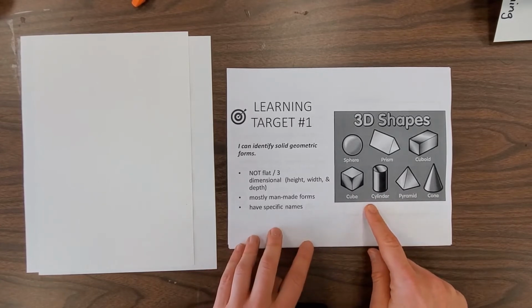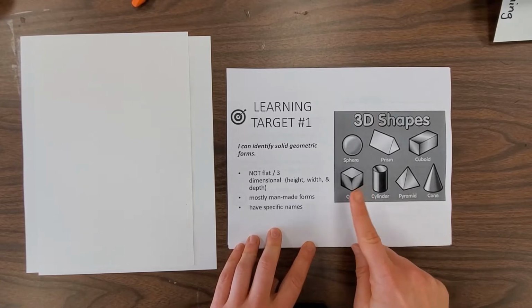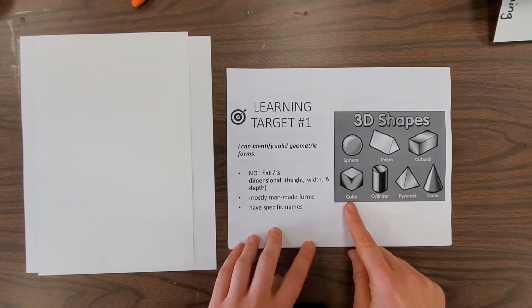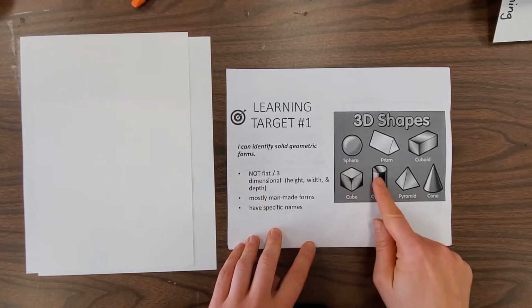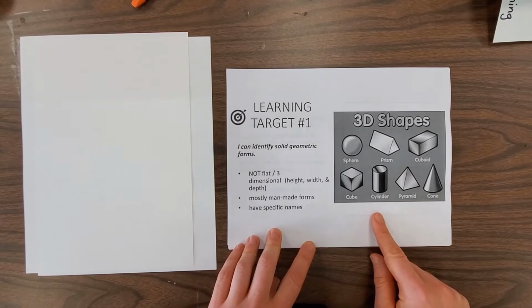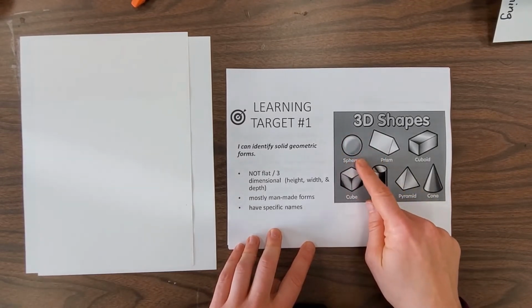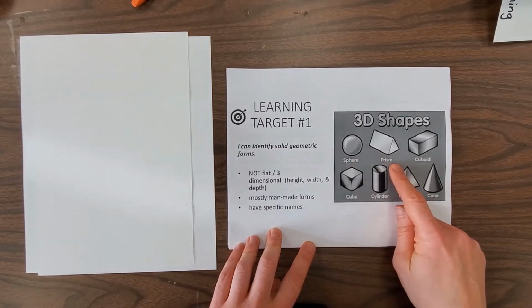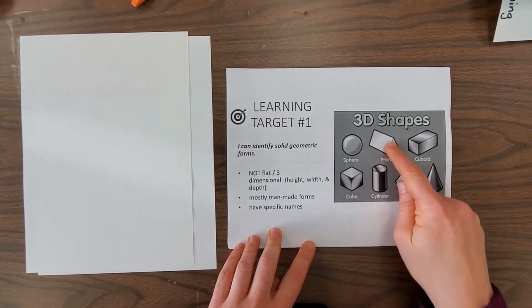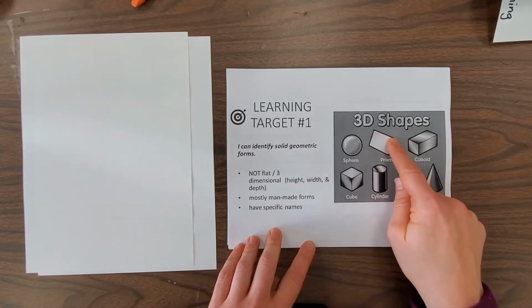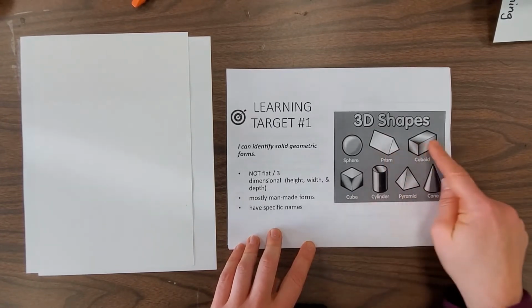So a solid geometric form, a 3D form, is not flat. It is three-dimensional. It has height, width, and depth. These are mostly man-made forms, and they do have specific names. A sphere is a 3D shape that is round. A prism is a 3D shape that has a triangle base, but also has some other 2D shapes that make it up.